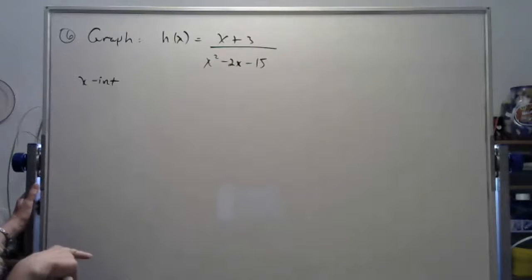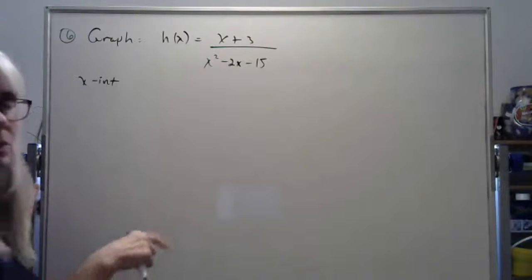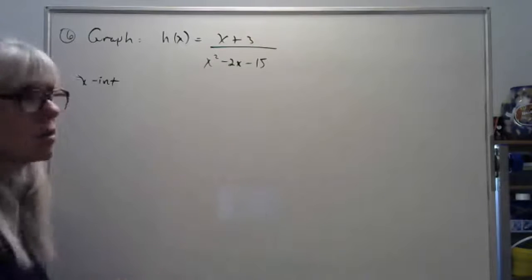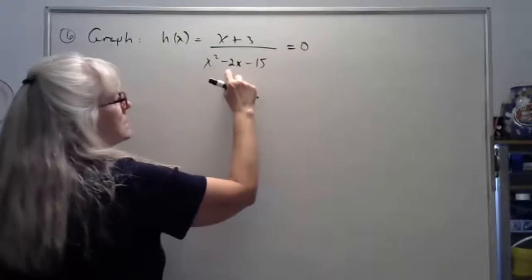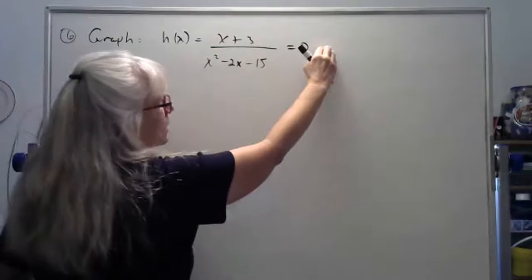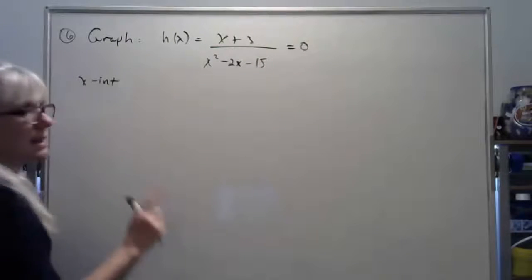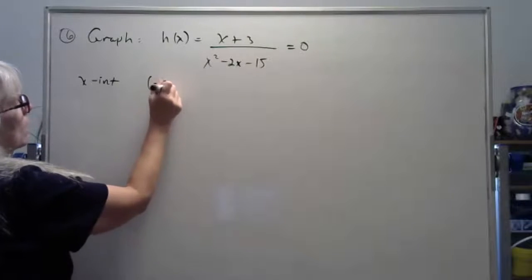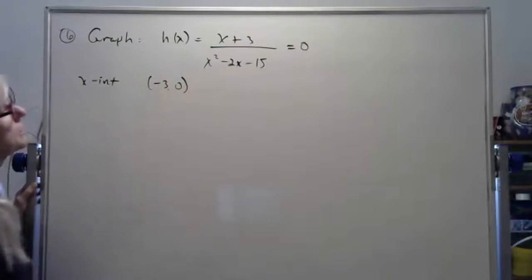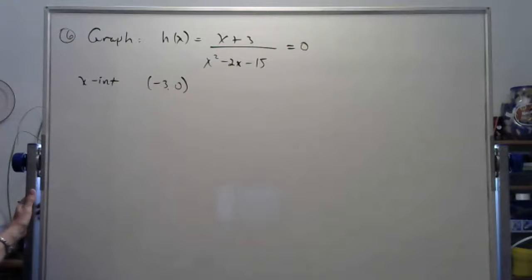Right. And because when you set it equal to 0, this denominator would multiply over here and give you also 0. All we need to do is set the top to 0. So set the numerator to 0, and we can get a, what, -3? Yes. Okay.